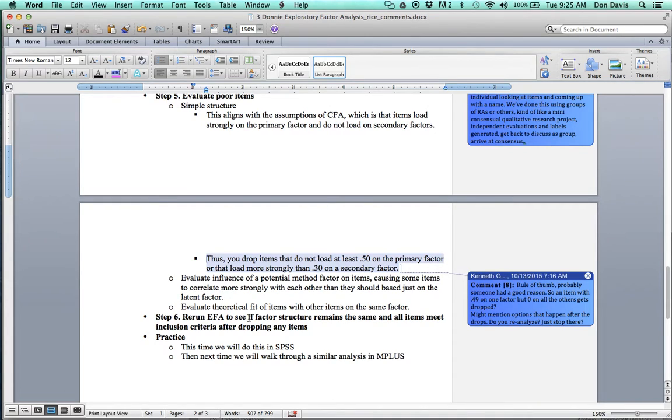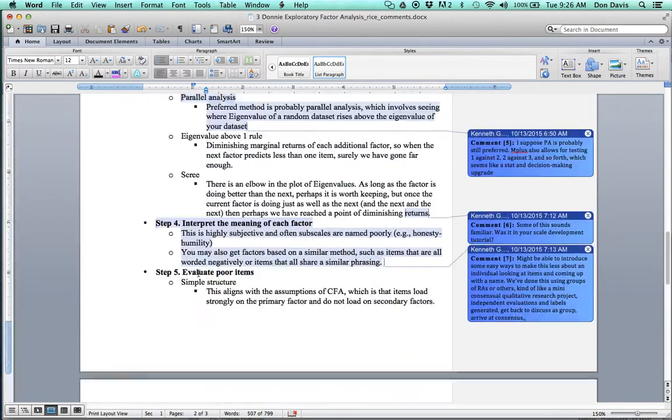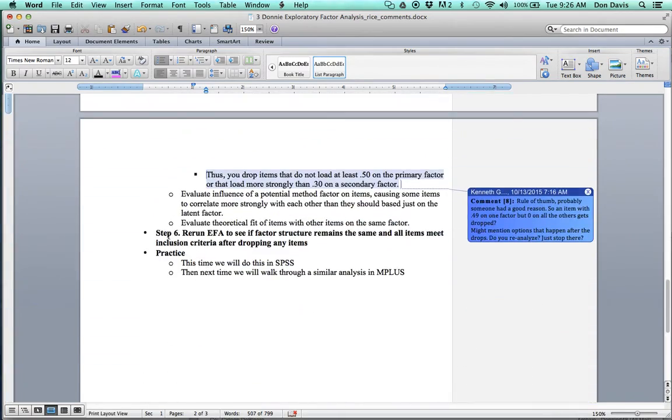And then finally, step 6, once you've dropped any items in the initial run through, you repeat, you refactor, and make sure that all of your items continue to meet criteria and that the factor structure didn't shift. Sometimes when you drop several items, say we had 3 factors in the prior run through, it actually condenses to 2.